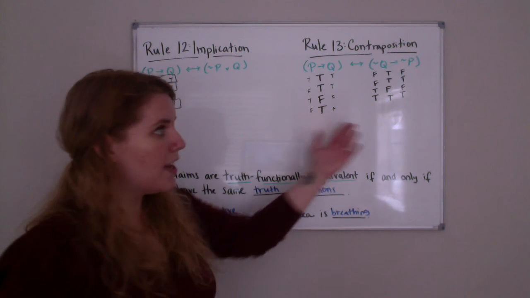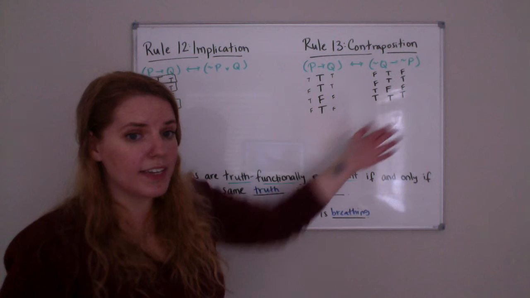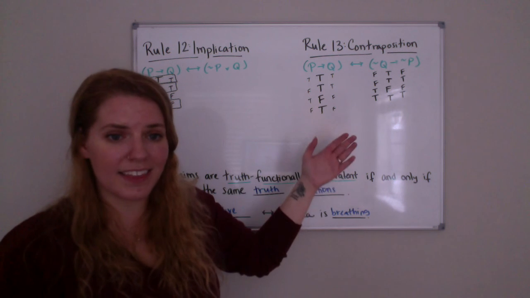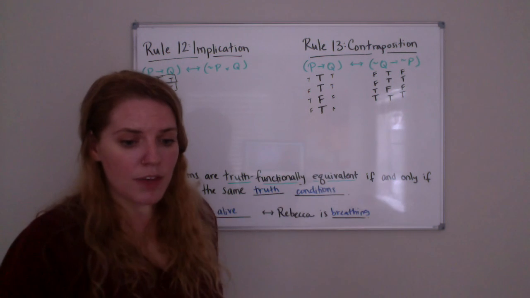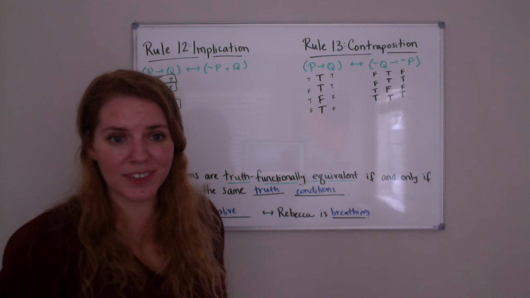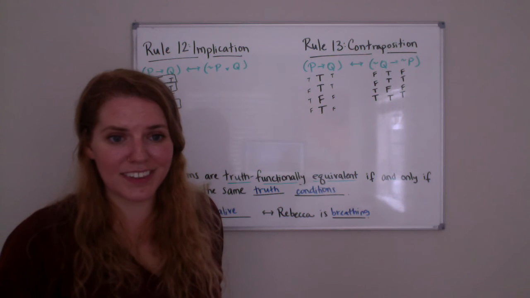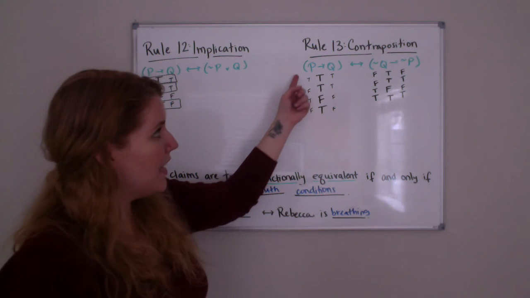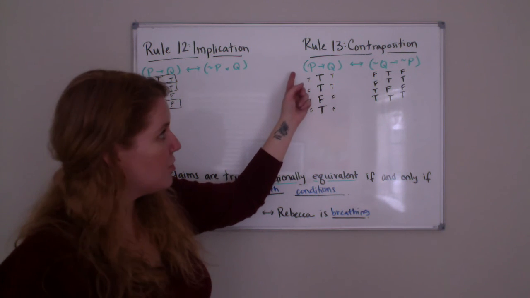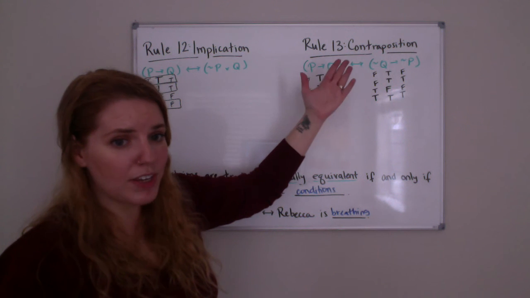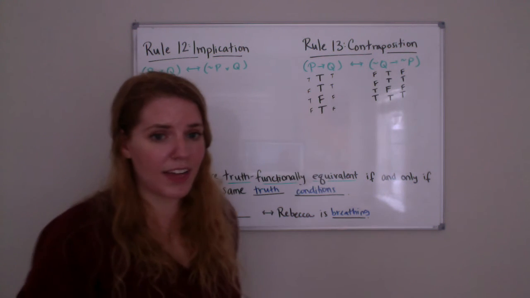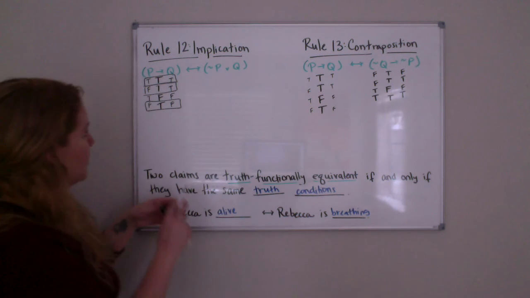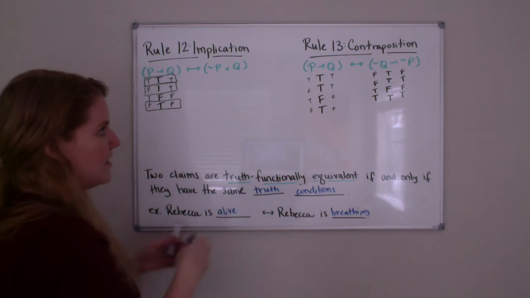What I wanted to point out, though, is that we don't need to do the truth tables to understand that. It's good practice to have, but we can look at this and just realize that it's really similar to modus tollens. Modus tollens tells us that if it's true that if P then Q, then we know that if you don't have Q, then you don't have P. We also know that from our truth table for the conditional claim.